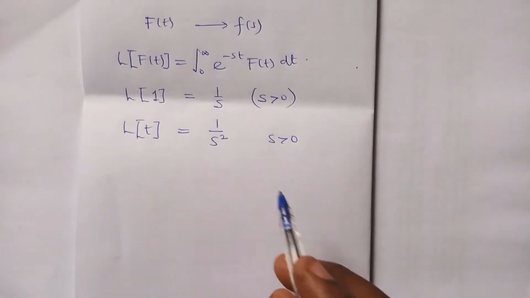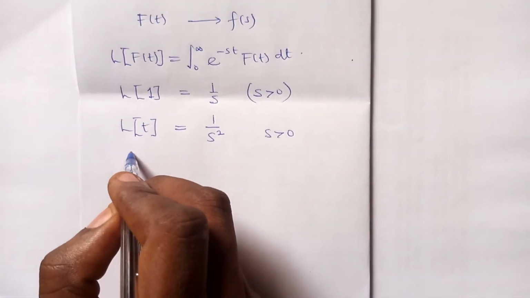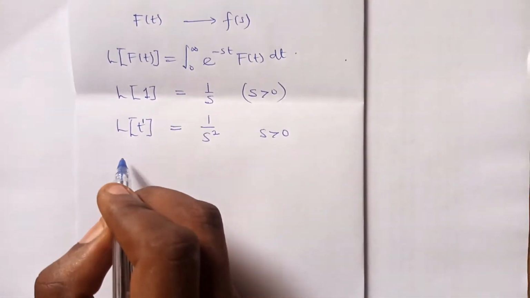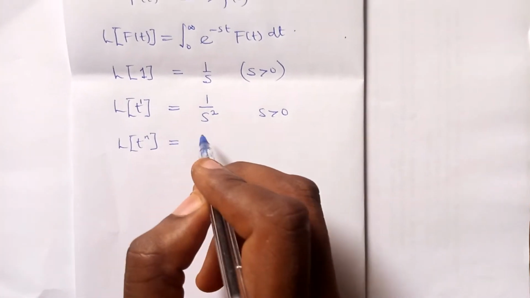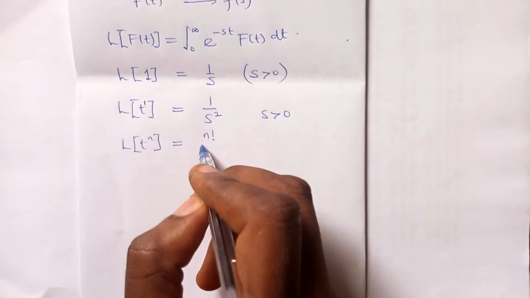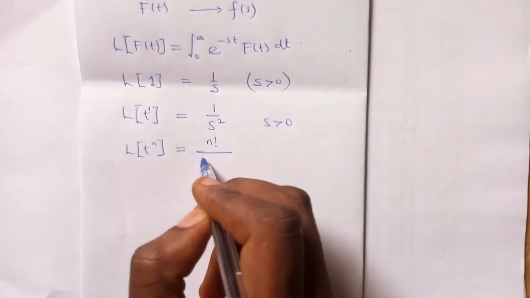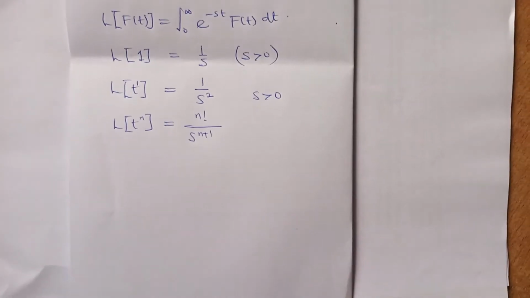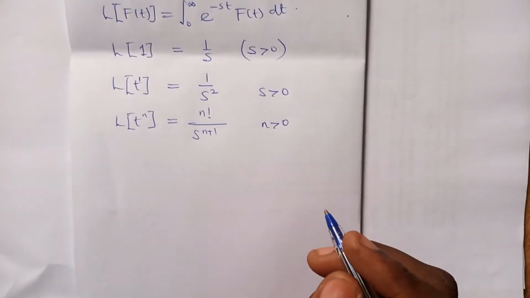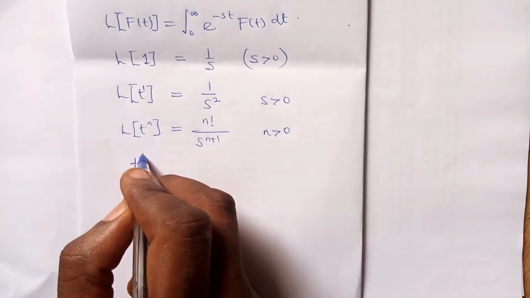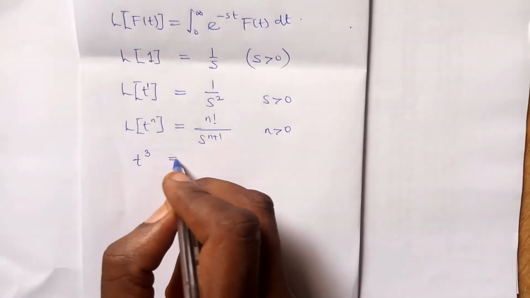And another thing we've learned from this is that if we have t raised to power n, this will give us n factorial over s to the n plus 1. Of course, n must be greater than 0. So now let me remind you, if I should ask you to find Laplace transform of t raised to power 3, what would that give us?